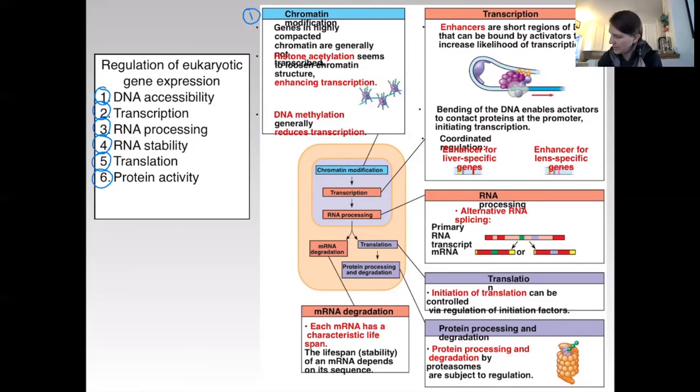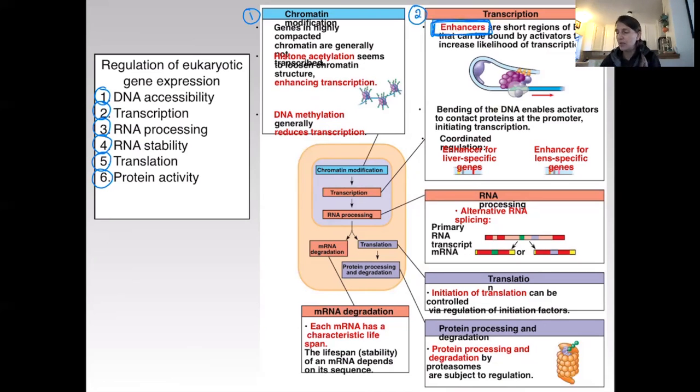The second one here is at the transcriptional level, right? And so this is one thing you do have to know, so I'm going to highlight it here. You have to know this new term called enhancers. So remember how prokaryotic DNA had operators where proteins bound and kind of regulated operons. Enhancers are in eukaryotic DNA. They're short regions of DNA that can be bound by activators to increase the likelihood of transcription.